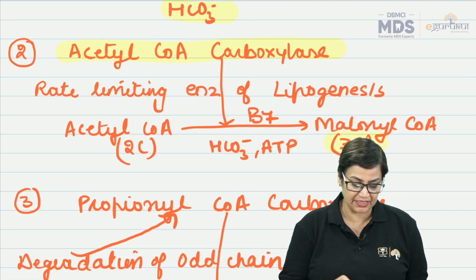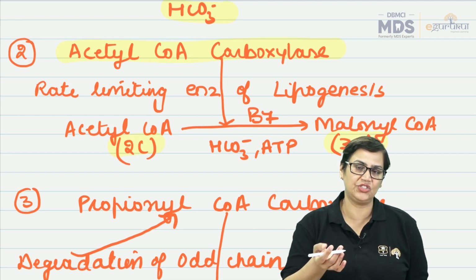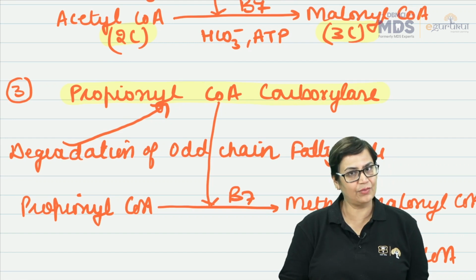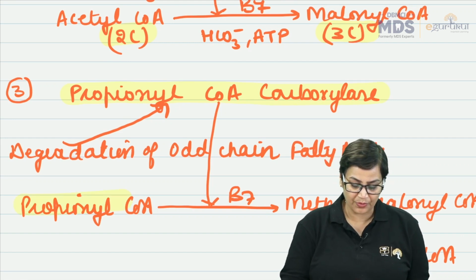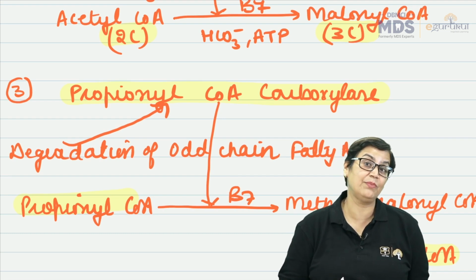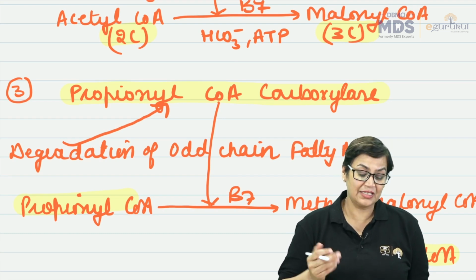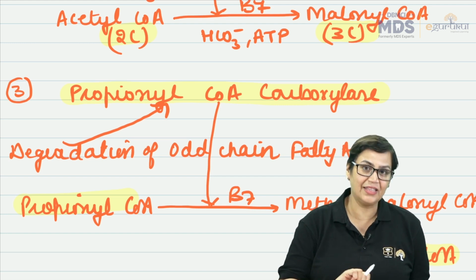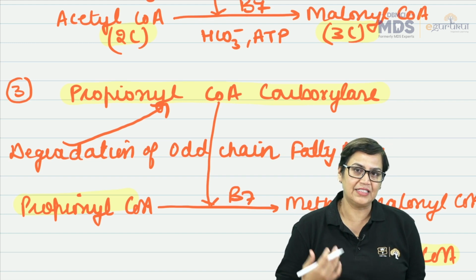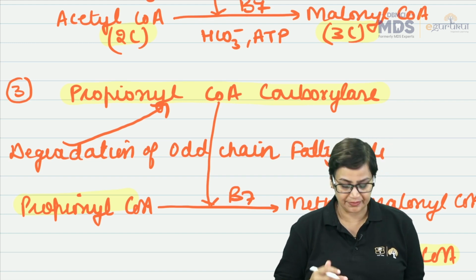You can see the increase in the carbon atom, carboxylation. And then propionyl coenzyme A carboxylase, which converts propionyl coenzyme A to succinyl coenzyme A. This reaction plays a very important role. When we discuss B12, I will tell you again the same reaction, because this is how the odd chain fatty acids are utilized by the body.